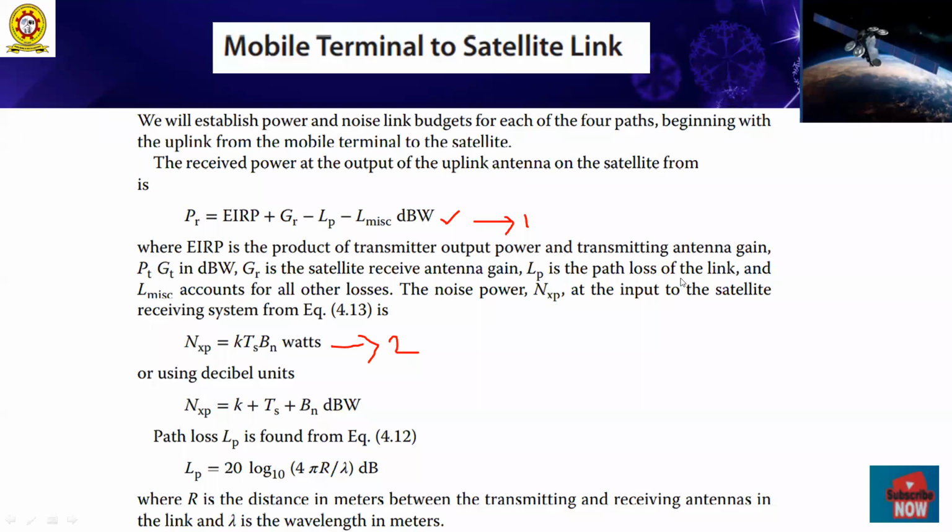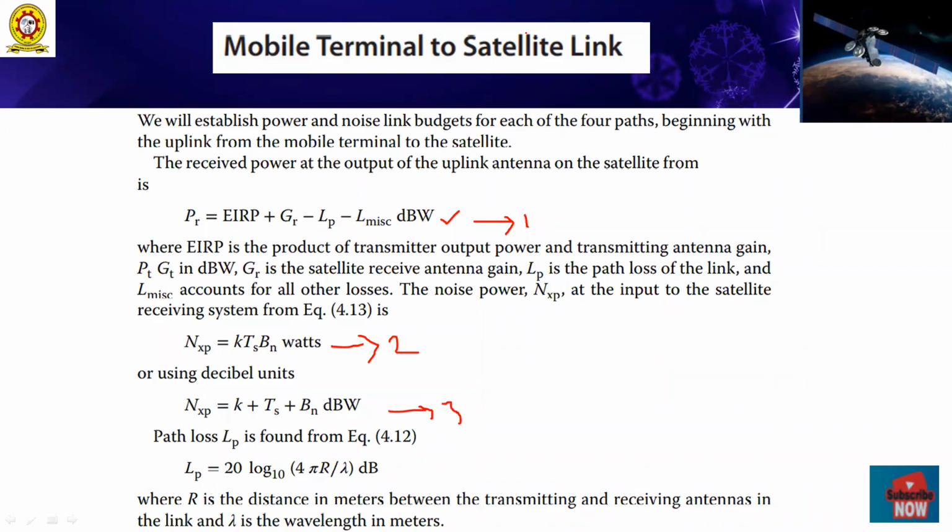So just to simply convert equation number 2 into decibels, the modified equation has the third format, N equals K plus Ts plus Bn. This equation is responsible for providing the path loss.